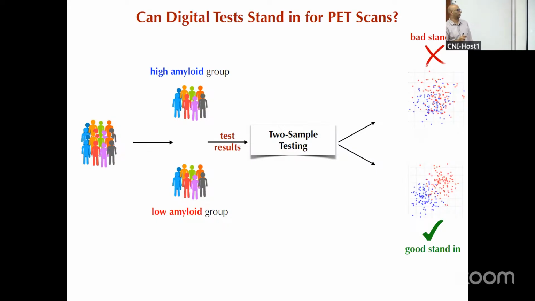So the question was a very good question, which is: let's say people who wear black shirts always have high amyloid, and people who wear red shirts always have low amyloid. If you have this inherent bias in how you split the data, then maybe your test is just picking up that split, right? So you have to be fair in randomizing between these two groups.